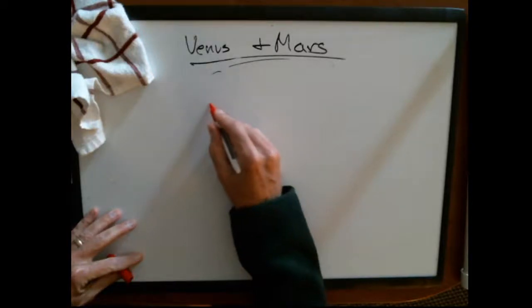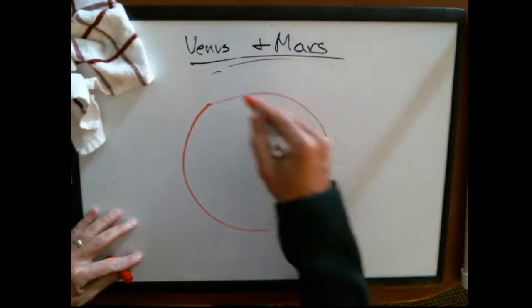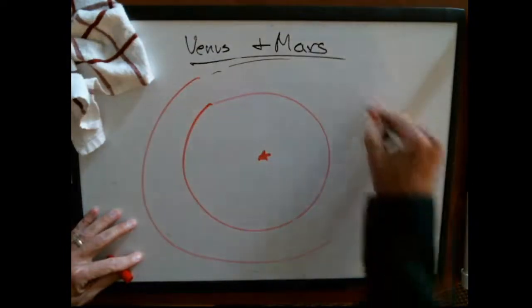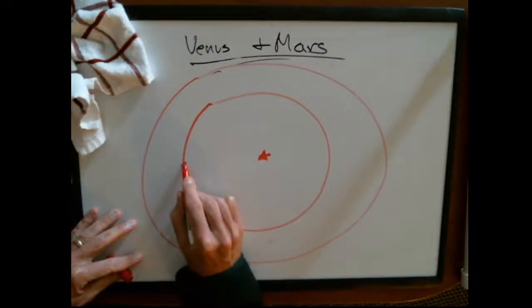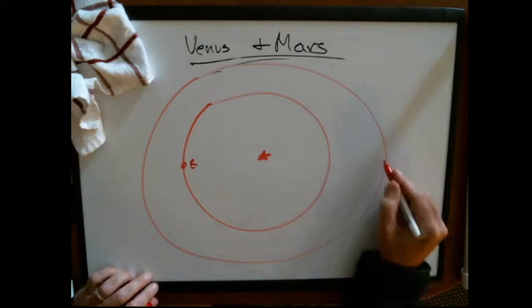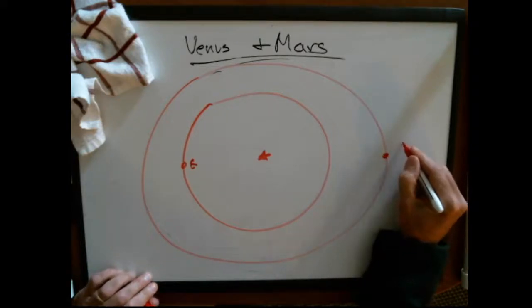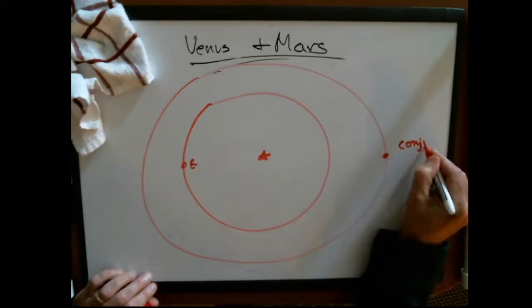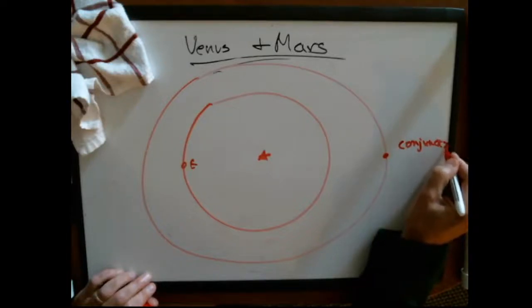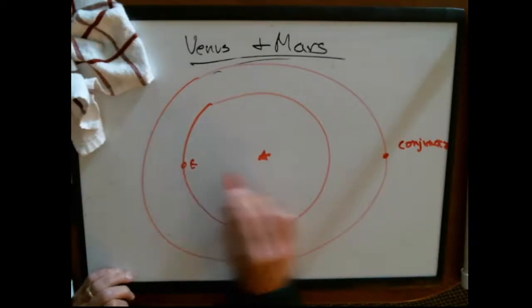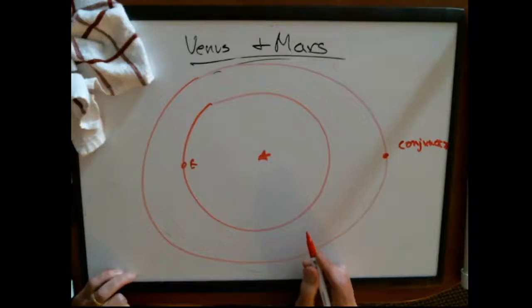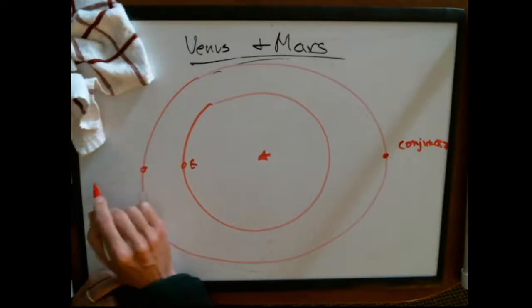There's the sun. There's the Earth. There's Mars. If the Earth is over here, wherever the Earth is, when Mars is over here, this is at conjunction. That is to say, you would have to look through the sun to see Mars at that point. This position is opposition.